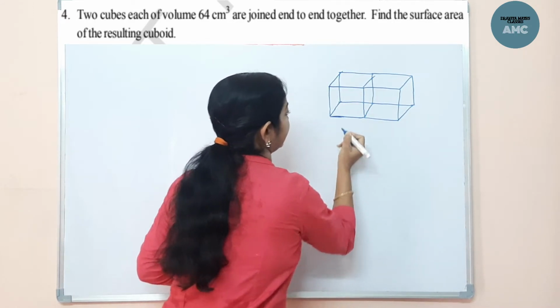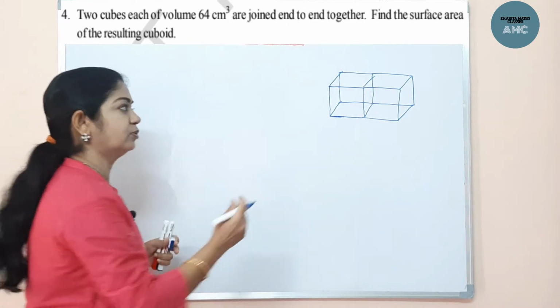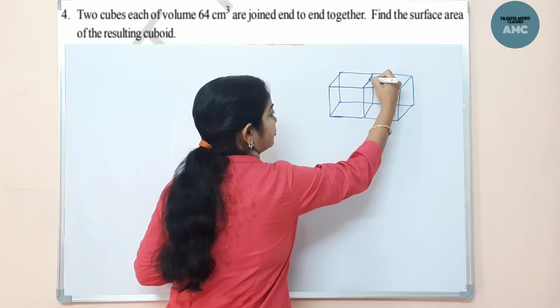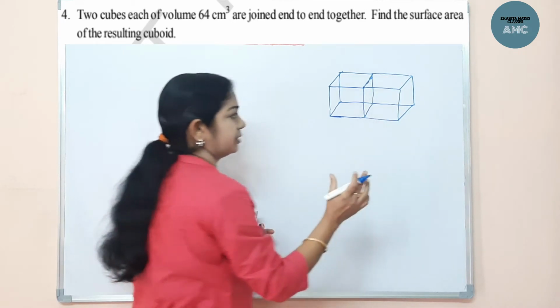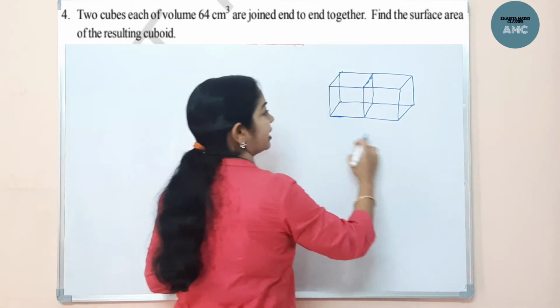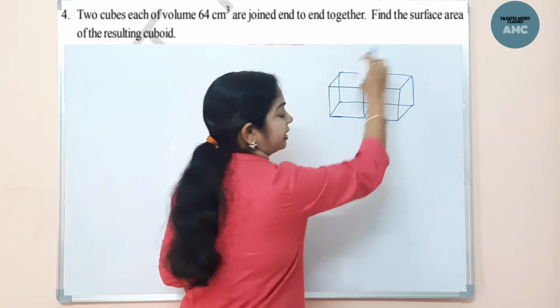We cannot place any 3-dimensional object on the board. Here this is a combination of 2 cubes, right? End to end they were attached. Now we should find the resultant combination surface area.